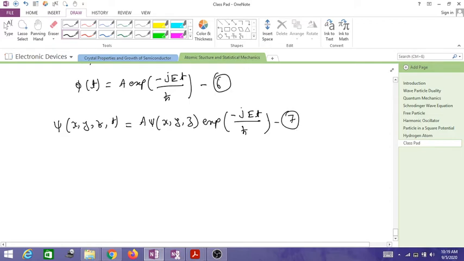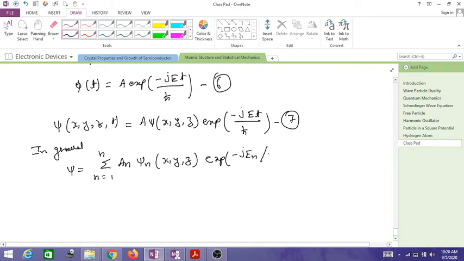So in general, this can be written as ψ equal to the summation of n equal to 1 to N of a_n ψ_n(x, y, z) into exponential of minus jE_n t by ħ.